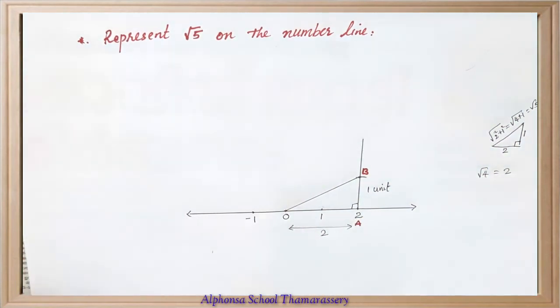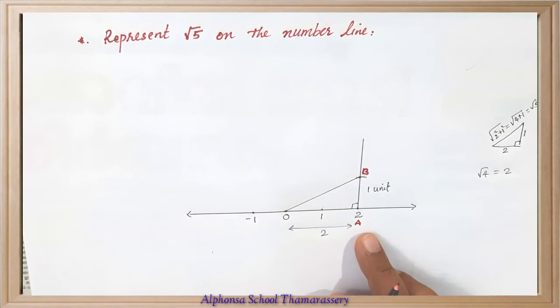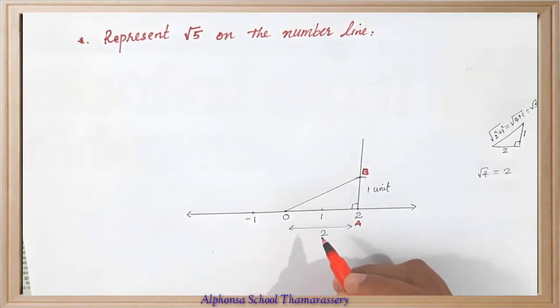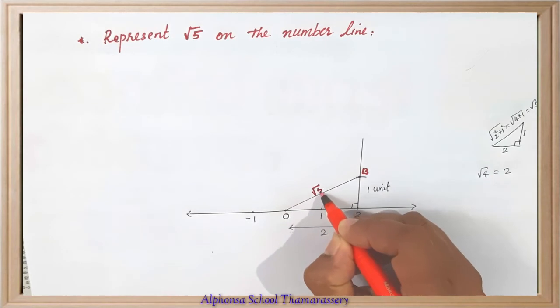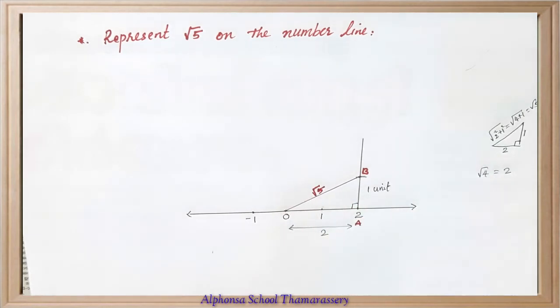So we know that the length of OB is equal to the square root of OA square plus AB square, that is 2 square plus 1 square, which is equal to square root of 4 plus 1, that is root 5. The length of OB is equal to root 5.